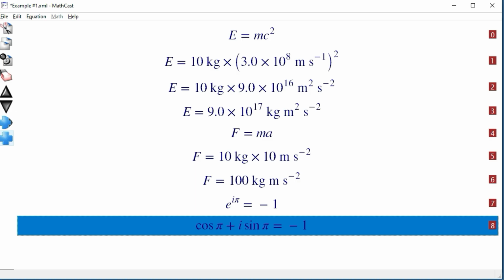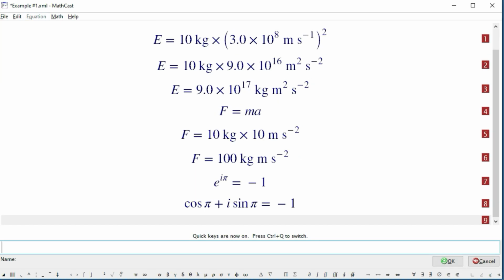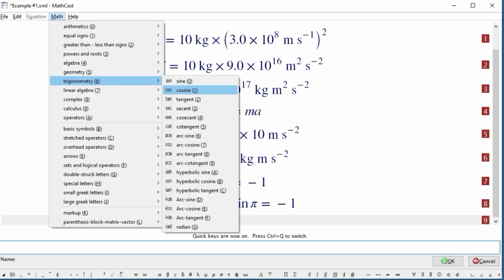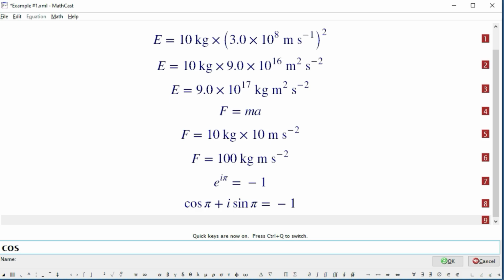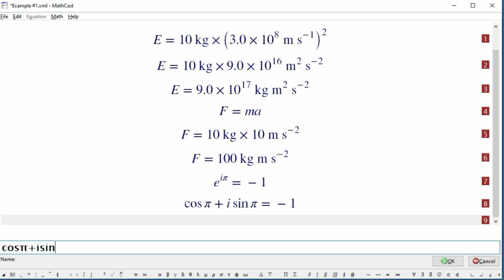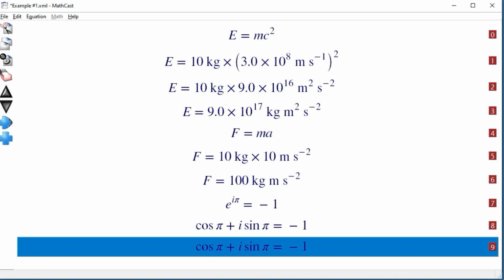Of course, cos of pi is -1, I sine pi is 0, and you'll see that you can actually do, if I click on there and I can do the geometry or trigonometry, you can type in cos, it comes out exactly the same thing, plus I, it's just fewer clicks I suppose, pi equals -1. You get the same result there. So that's the end of that one.